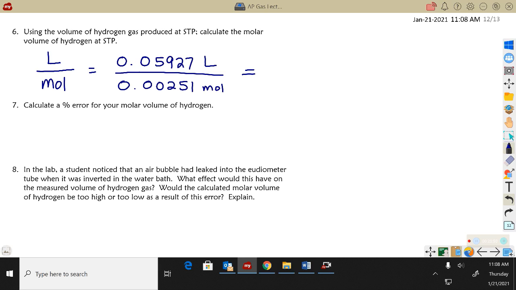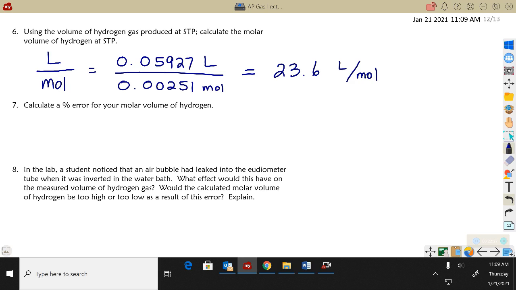So now we plug these in and we divide, and yay! 23.6. And the unit would be liters per mole. That's the volume of 1 mole. 1 mole of hydrogen, with our lab data, would have occupied a volume of 23.6 liters.